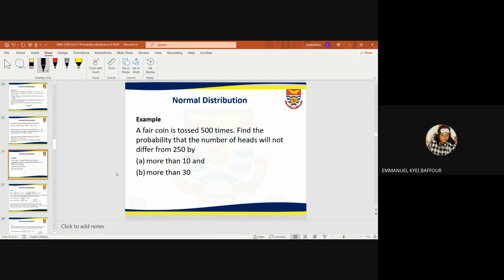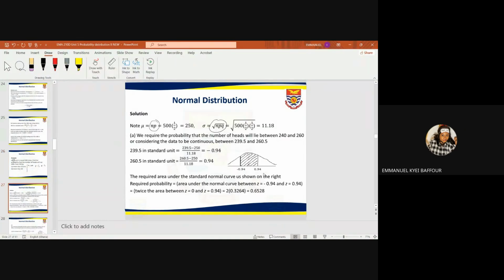So first you have to see that it has a certain number of trials, that is 500. Once it is a fair coin, then the probability of success will be equal to 1 on 2, and the probability of failure will be equal to 1 on 2. So you have this, and the rest is for you to calculate your standard deviation.